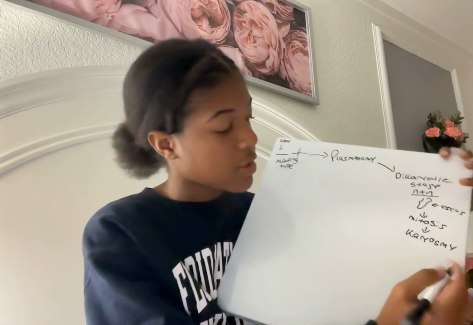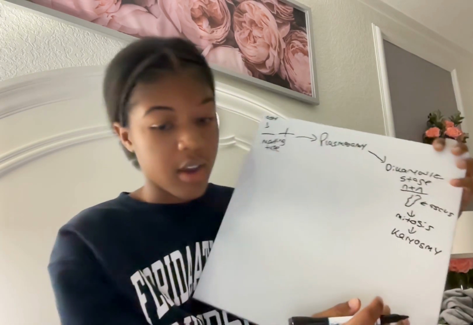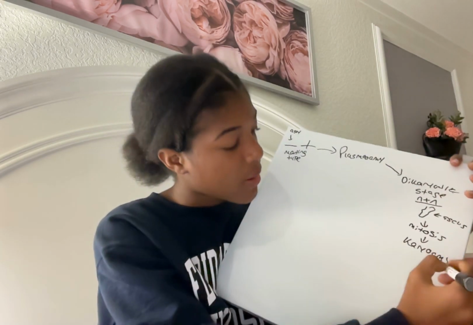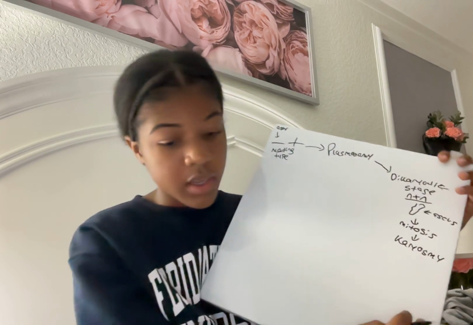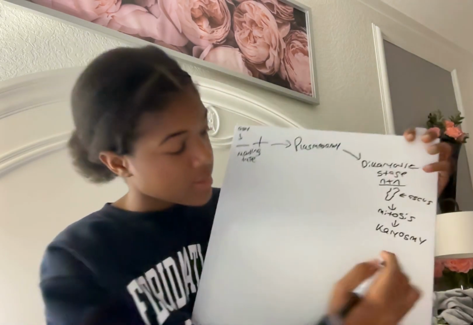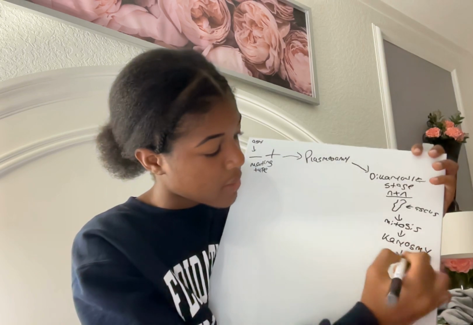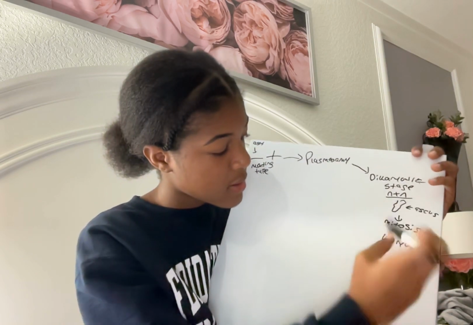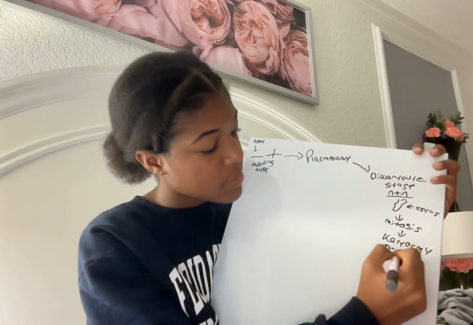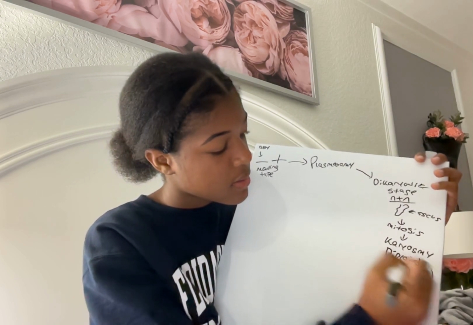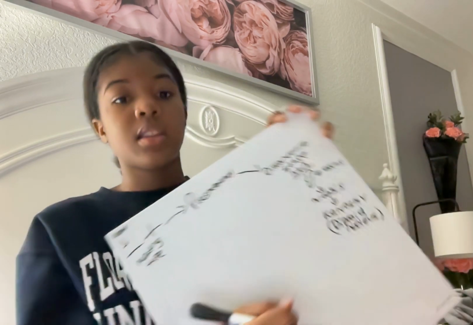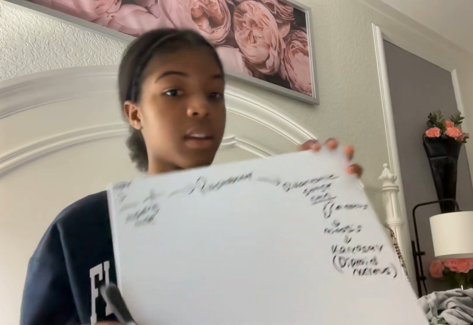From karyogamy, we go to diploid. Now we have a diploid nucleus, which makes the stage diploid.